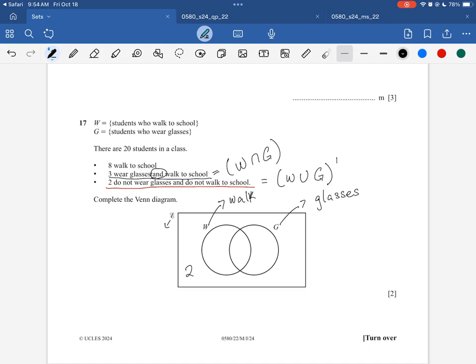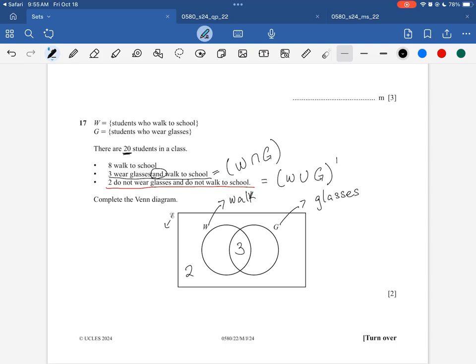So where do you have W intersect G? Where do they overlap? That will be here in this case. So in this place, you're going to have your number 3.